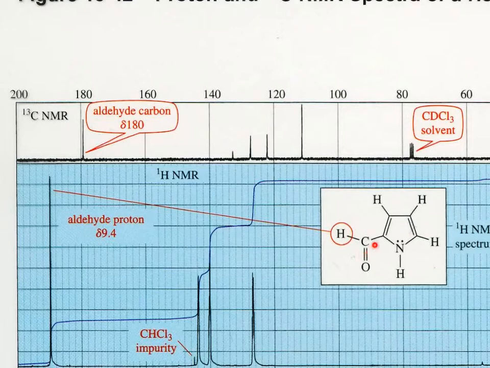And then our aldehyde carbon is going to show up downfield around 180. You'll also note you'll very often see a triplet around 77. So a triplet around 77 ppm is associated with the CDCl3 solvent because it does contain a carbon. And it turns out that it couples to deuterium, so that's why you see a triplet. You don't have to understand why.